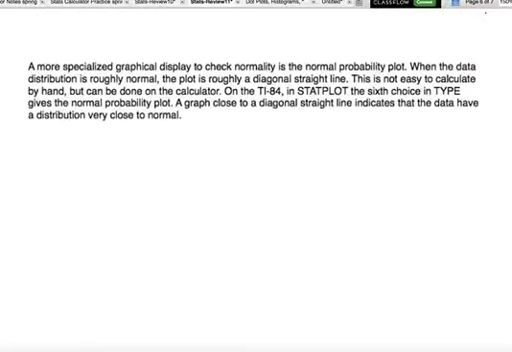A more specialized graphical display to check normality is a normal probability plot. When the data distribution is roughly normal, the plot is roughly a diagonal straight line. This is not easy to calculate by hand, but can be done on the calculator.